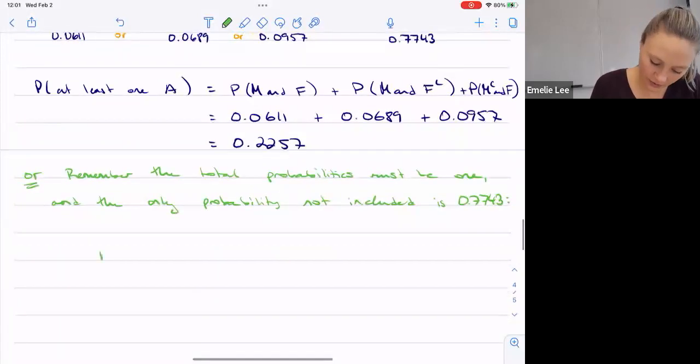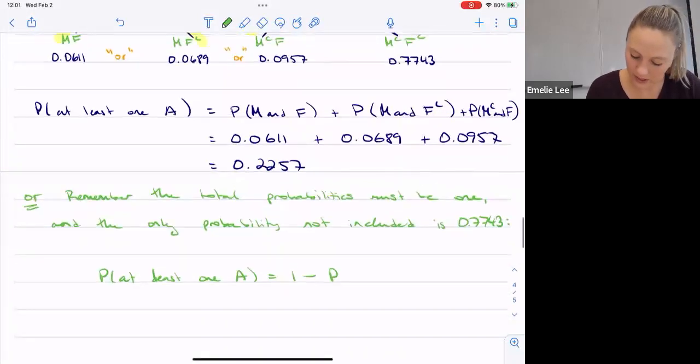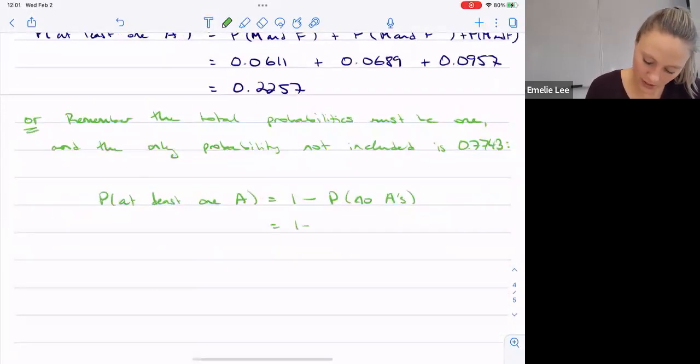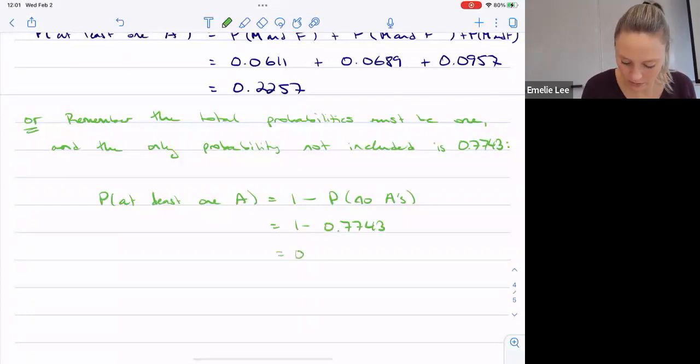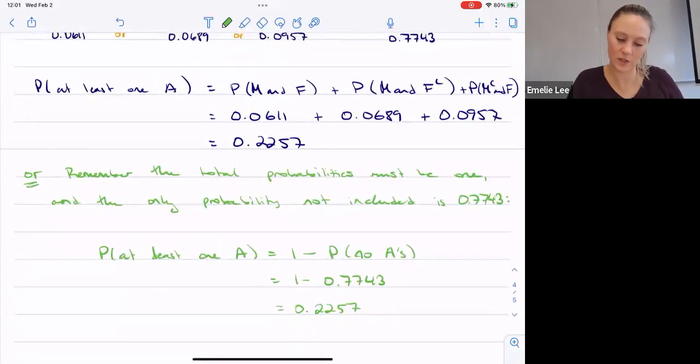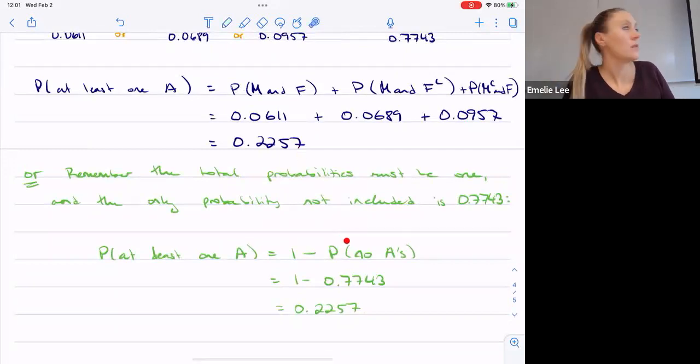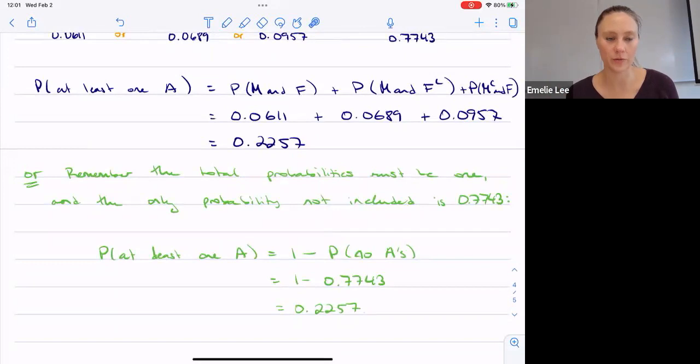So then what we're going to find is the probability of at least 1 A is 1 minus the probability of no A's, which is 1 minus 0.7743, which I guess I better check, but we know what it is. 0.2257. Right, which is the same. So it just depends on what you prefer.